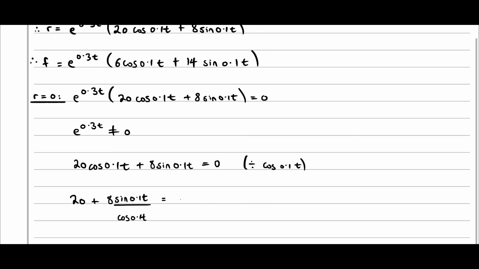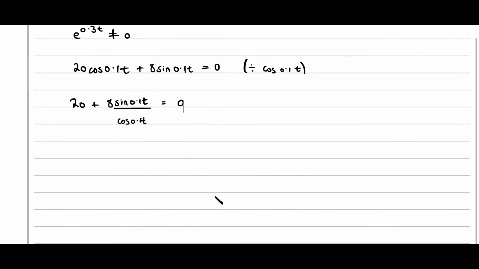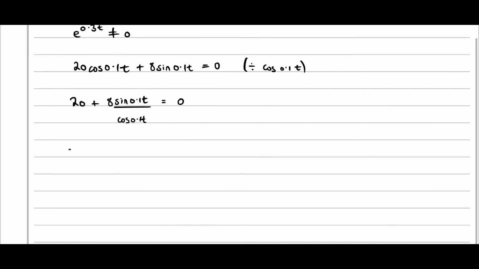So sine of 0.1t over cos of 0.1t is equal to minus 20 over 8, so we have tan of 0.1t equals minus 2.5.